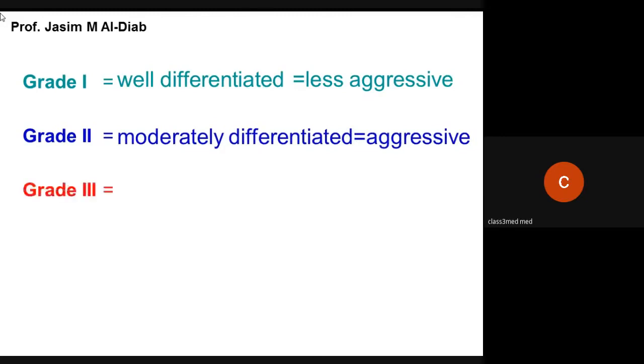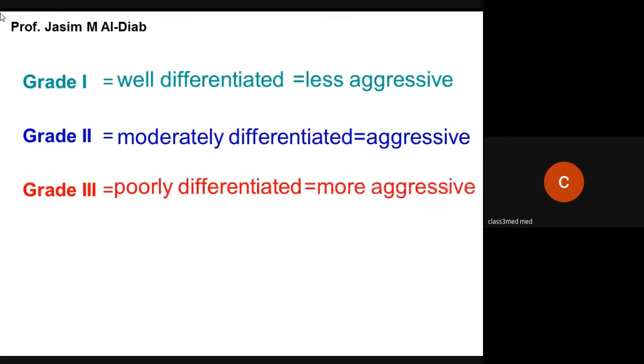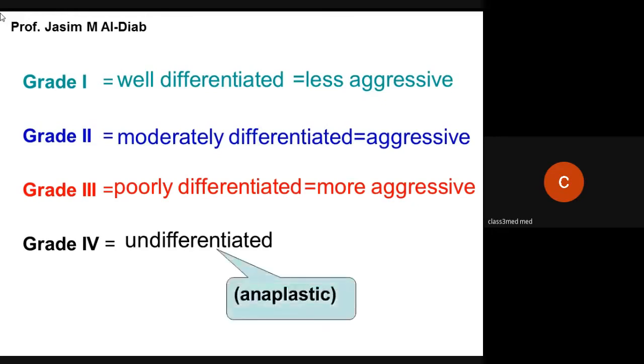Grade 3 tumor, poorly differentiated and is more aggressive. And the grade 4 tumor will be undifferentiated. What do we call an undifferentiated tumor? Anaplastic, okay? Anaplastic tumor. And this will be a very aggressive tumor. Then whenever the grade is low, there is well differentiation, and the potential aggressiveness of the tumor is less.